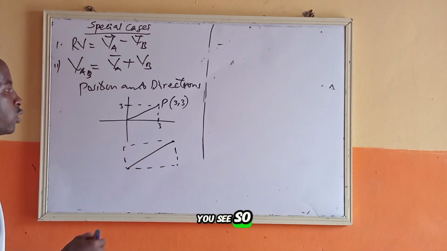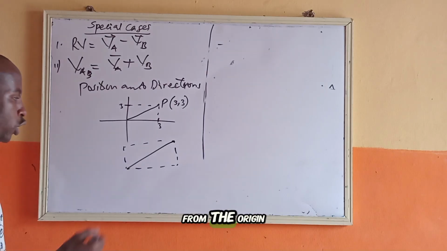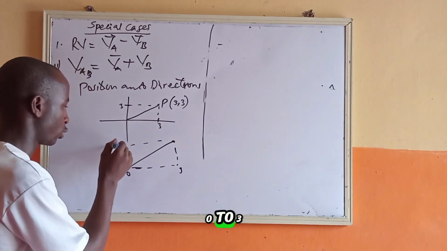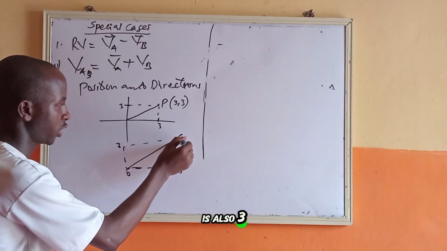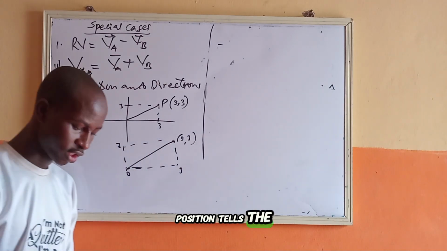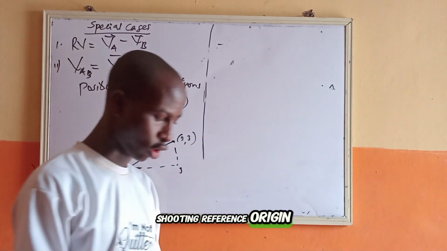This is our position from the origin, 0 to 3, 0 to 3, which is also 3, 3. That is it. Position tells the location of an object relative to a chosen reference origin.